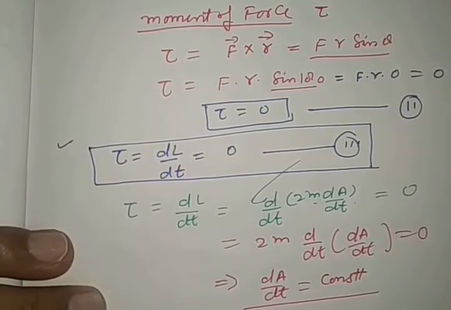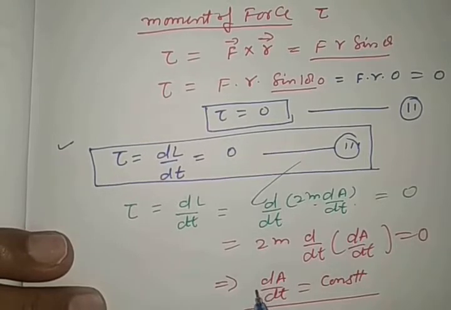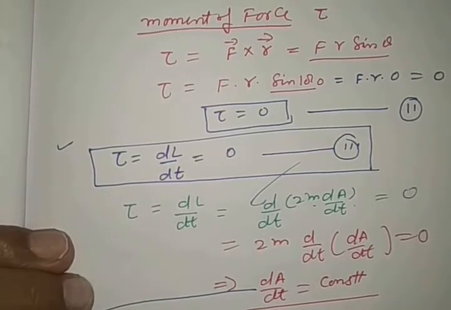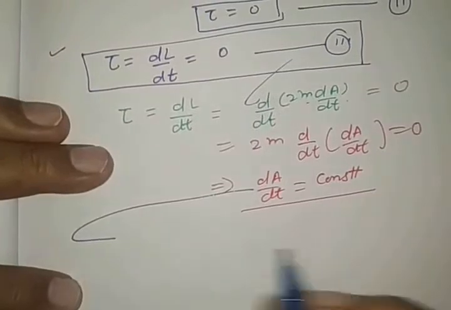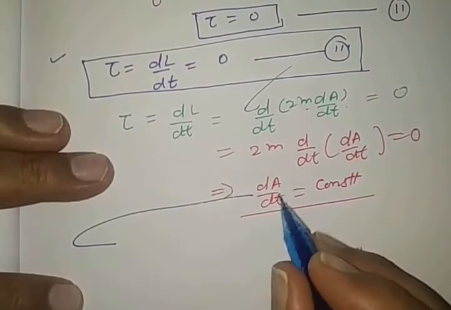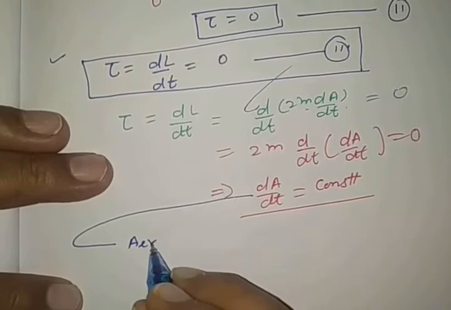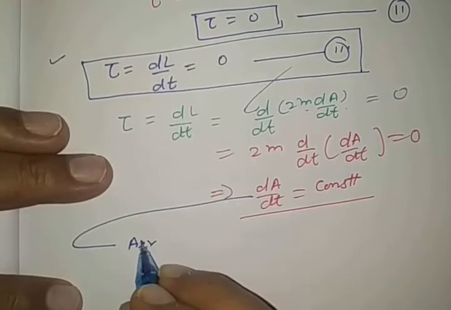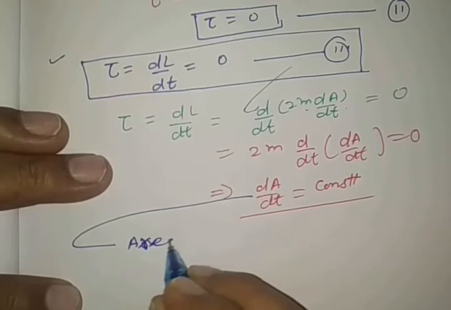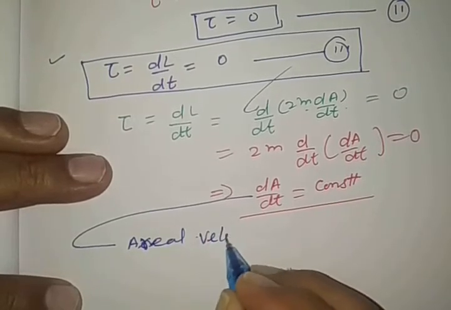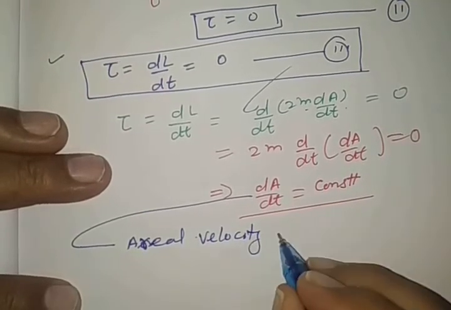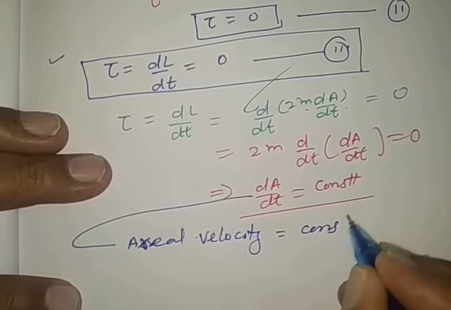Identify the physical quantity involved here: dA by dt is the rate of change of area with respect to time. It is called areal velocity. Areal velocity is constant.